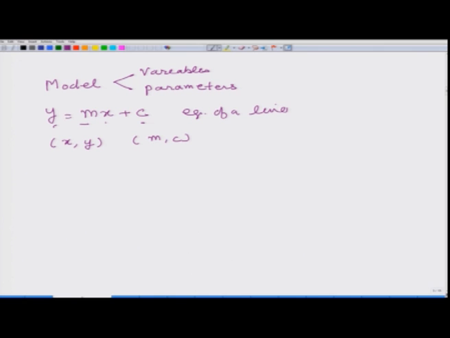We all know that if I try to draw this equation on a graph, this is my x-axis, this is my y-axis, and this is my line y = mx + c, and this distance is c, and this is the slope, which is represented by m = tan θ, right.